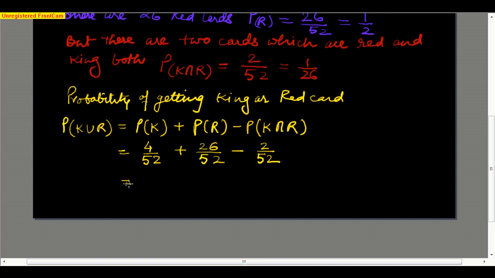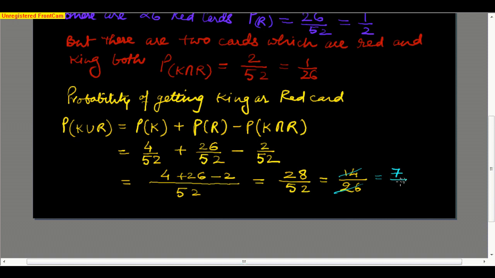The 52 is common in all the denominators, so we take it common: 4 plus 26 minus 2, which gives 28 upon 52. It is 14 upon 26, or we can cut it again, 7 by 13.